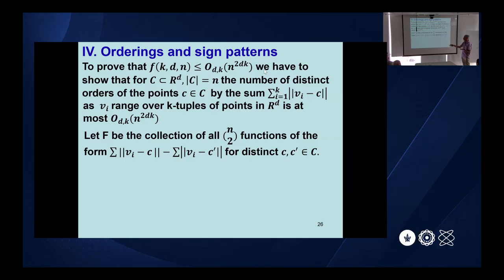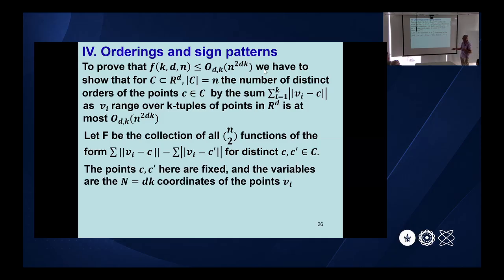And if I would know the sign of each of these differences, then I would know the order, because for every pair I would know which is bigger. Again, I want to stress here that the points c and c prime are fixed, because we fix a set. So the variables here are just the d times k coordinates of the points v_i. So we have n choose 2 functions, and we have d times k variables.